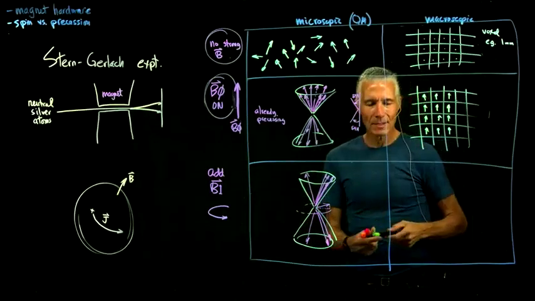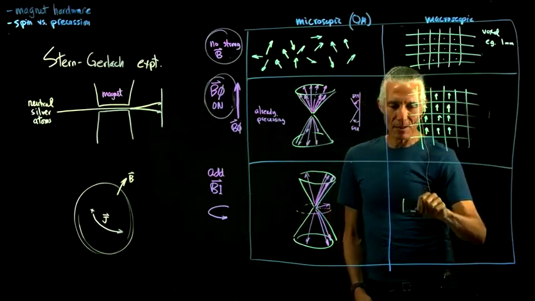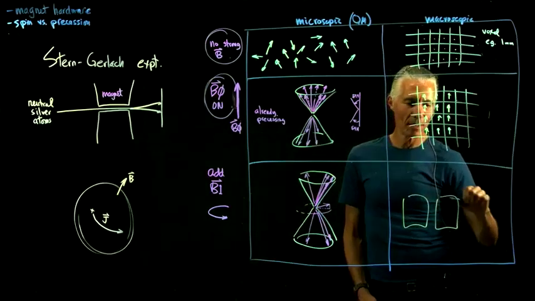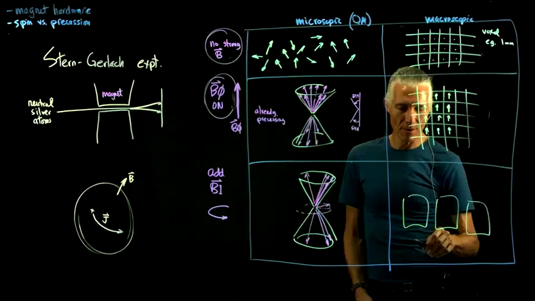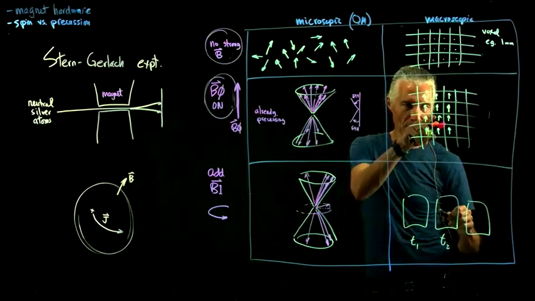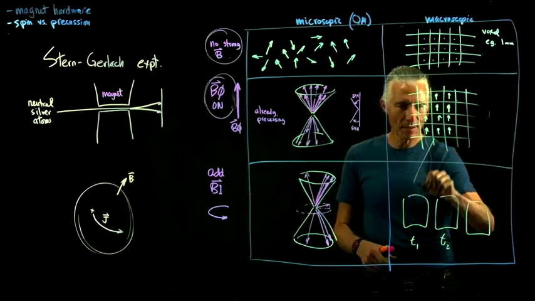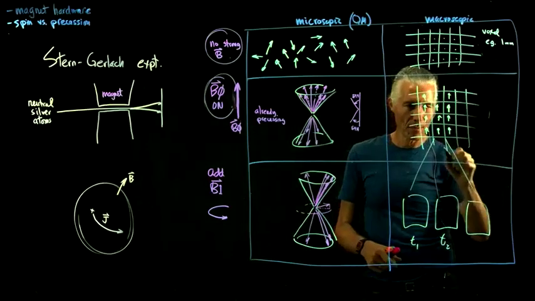And so what happens if we look at one of these voxels? If you look at one of these voxels over time, that magnetic field vector will now be rotating around. So here are several time points of just one of these guys. Let's blow up one of these guys.